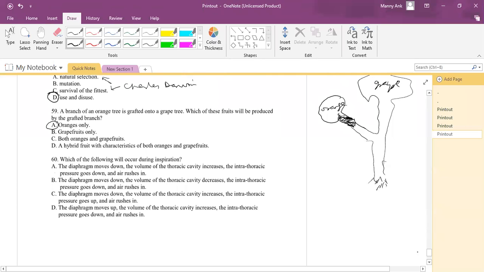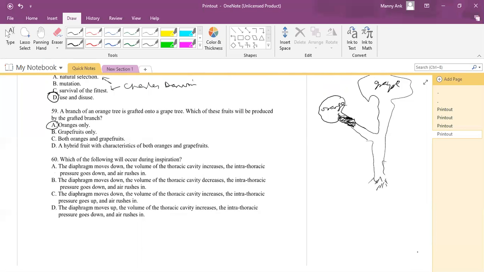And then number 60, which of the following will occur during inspiration? During inspiration, the diaphragm goes down. The rib cage moves upward and outward. So the volume of the thoracic cavity increases. Because the volume has increased, the pressure will go down.